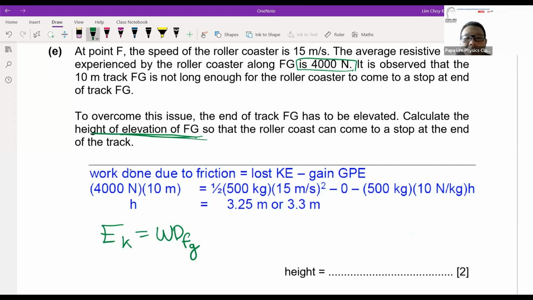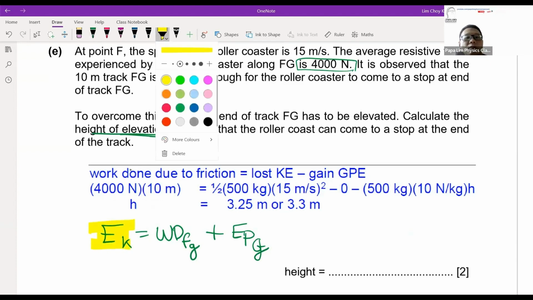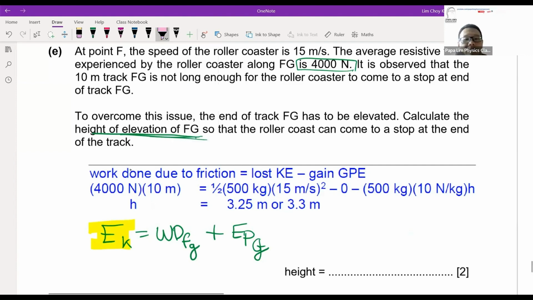Because of the elevation, there will be some vertical height, so there is definitely potential energy at G. This is your total initial energy, and this will be your total final energy.